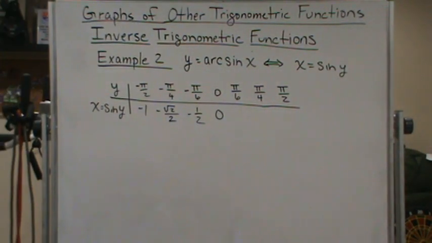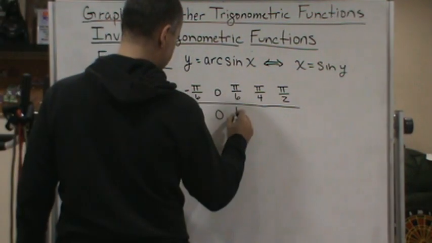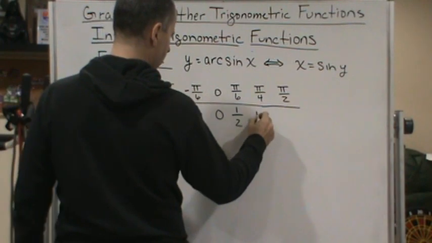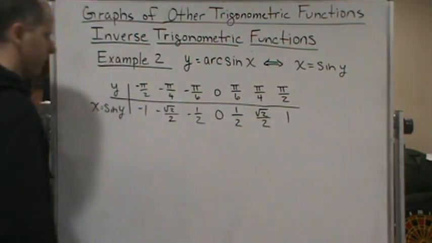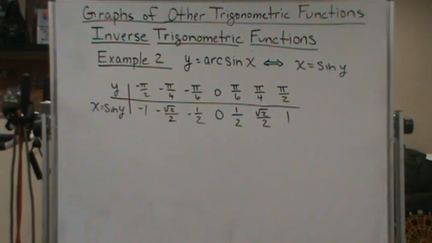And then the sine of pi over 6, positive 1/2, so it's just going to be the same as these, right? Okay. And then there's our table of values, right? And then all we have to do is plot the points and connect them with a smooth curve. And that'll give us the graph of y equals arcsine of x.